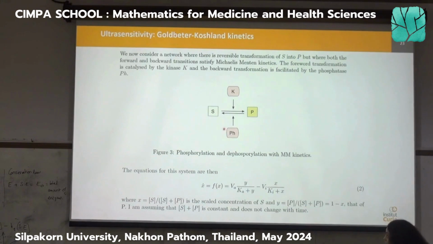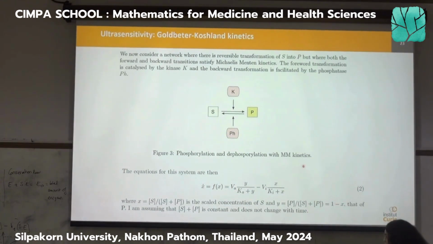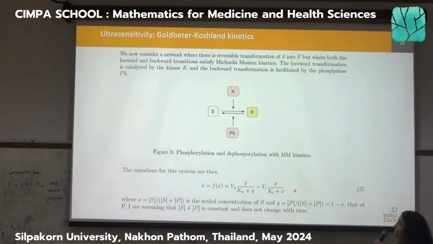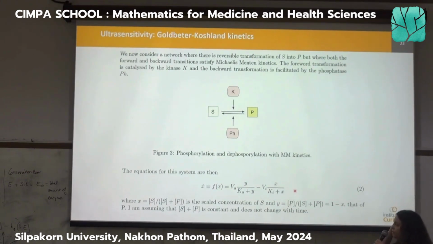In terms of biology, the first one is called phosphorylation, and the other one is called dephosphorylation. And here we can write the equation of this reaction network.